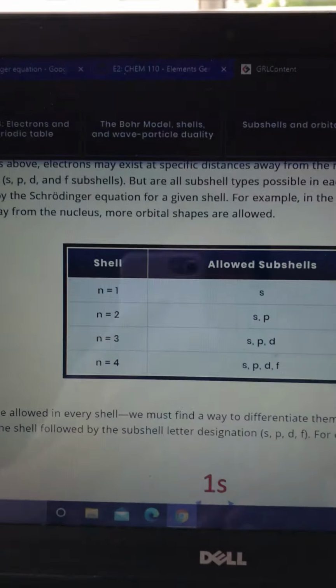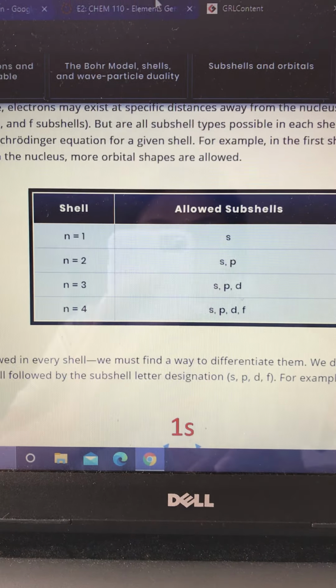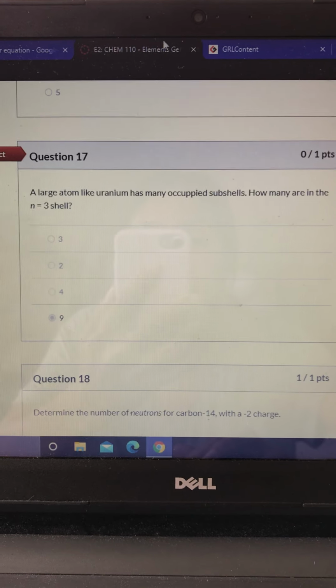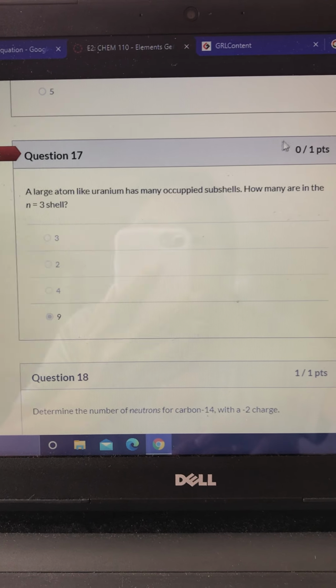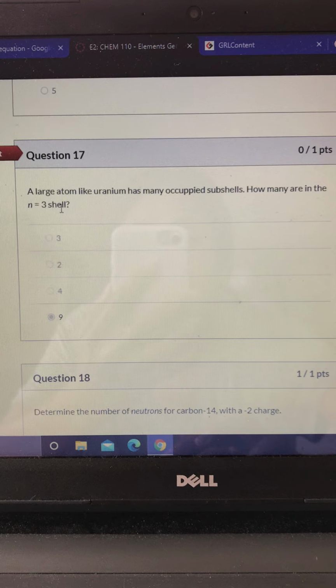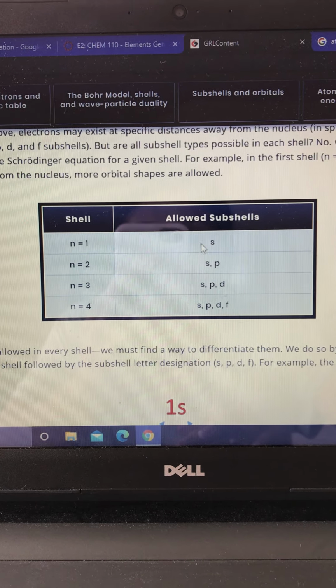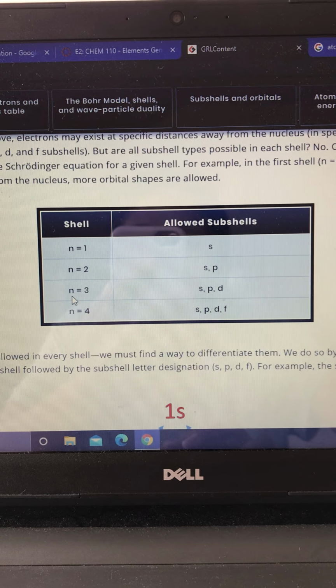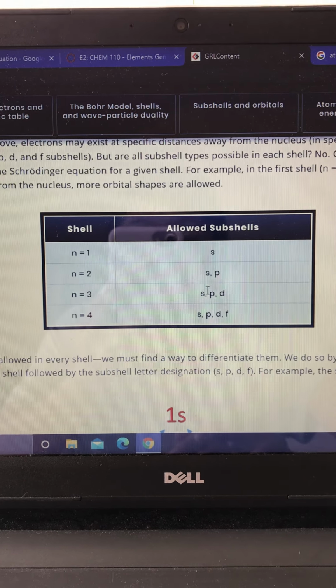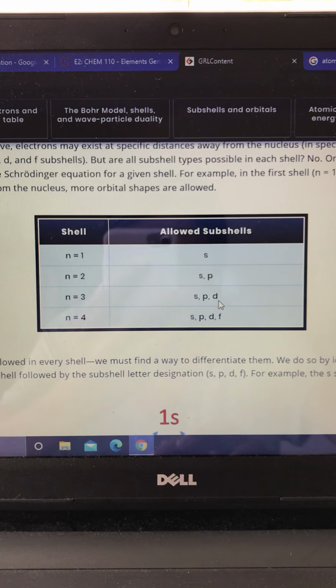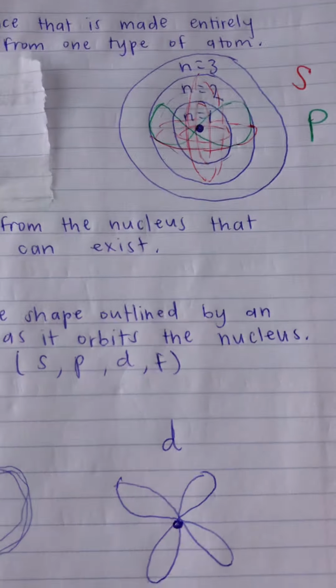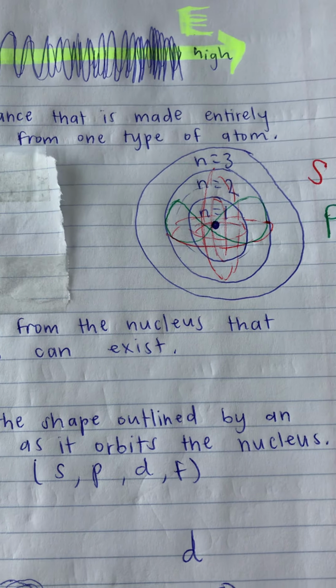Now n equals 3, that is the shell the question is asking us about. It asks how many subshells are in the n equals 3 shell. This table tells us that the allowed subshells in n equals 3 are S, P, and D. So let's take a look back.